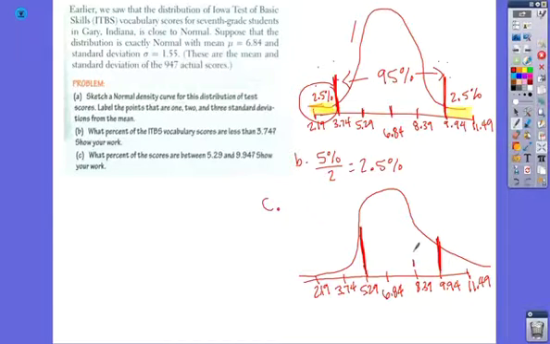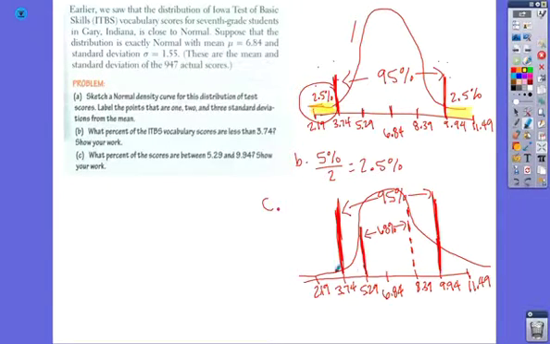So we know that 1 standard deviation away on the left and the right is going to be 68%. So all of this is 68%. That doesn't account for this little piece over here. What we do know, though, is this 9.94 is 2 standard deviations away from the mean. And so anything that's 2 standard deviations away from the mean on either side is going to account for 95% of all the scores.